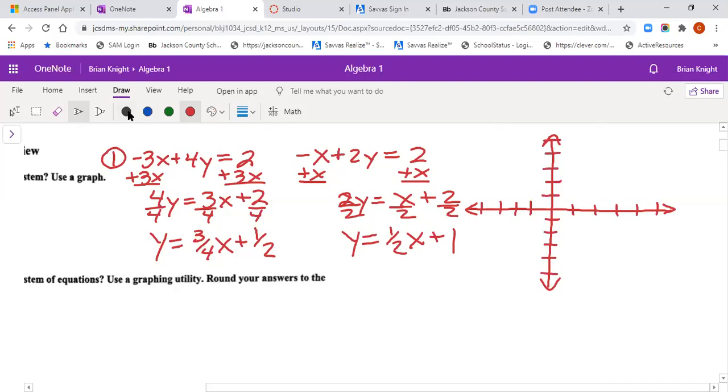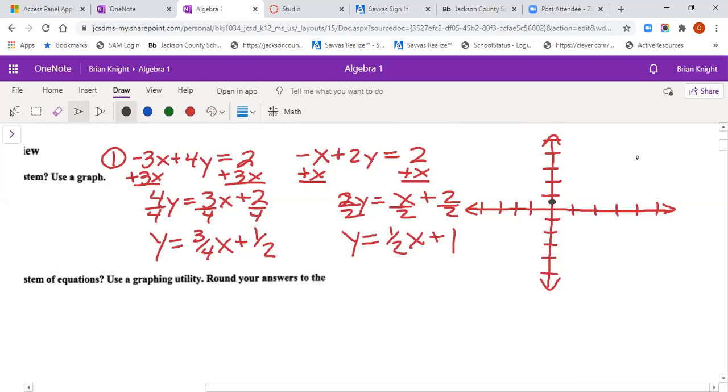Oh, change colors. So my first equation that I solved, what is my y-intercept? 1/2. So that's not too bad to graph, but we are pretty much guesstimating, okay? So it's right there, halfway up. And then what's my slope? 3/4. So I rise 3 and run 4. So up 1, 2, 3, and over 1, 2, 3, and 4.